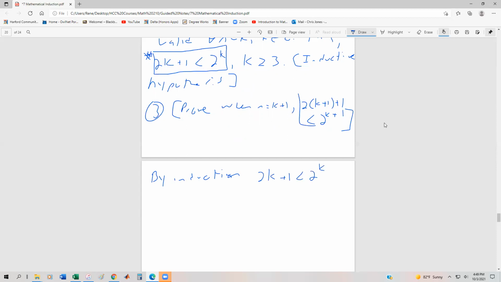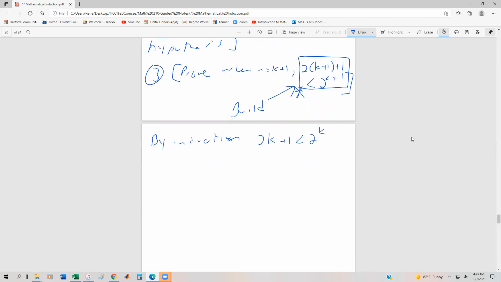What we'd like to do is somehow make the inequality look like the goal. Our goal is to build this from what we have. With an inequality, we can add anything to both the right-hand and left-hand side as long as it maintains the inequality.